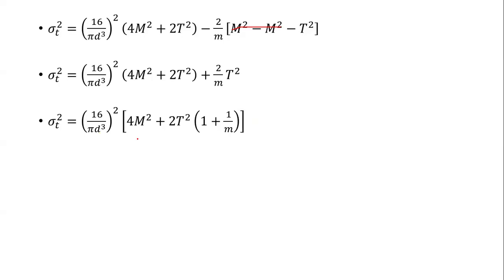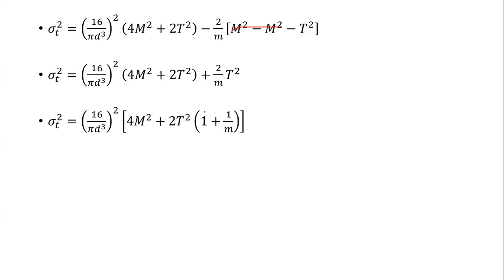But if I look at this expression, which is 4m squared plus 2t squared, it can be on one side. I can decide to simplify it, where I factorize it, but then I put a small one whereby if I take this back, everything should still go back to where we were.